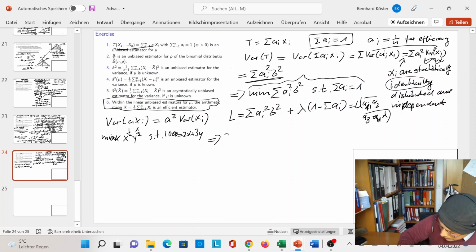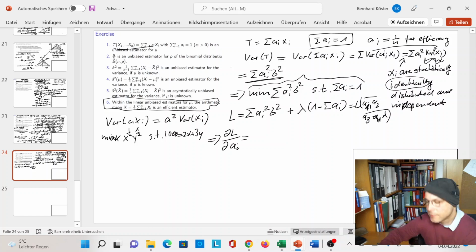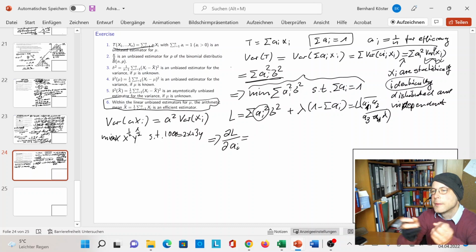So we have to calculate the derivative of L with respect to a_i. Well, we have here in the sum all these a_i. Taking the derivative with respect to a_1, we are not interested anymore in a_2, a_3, a_4, a_5.